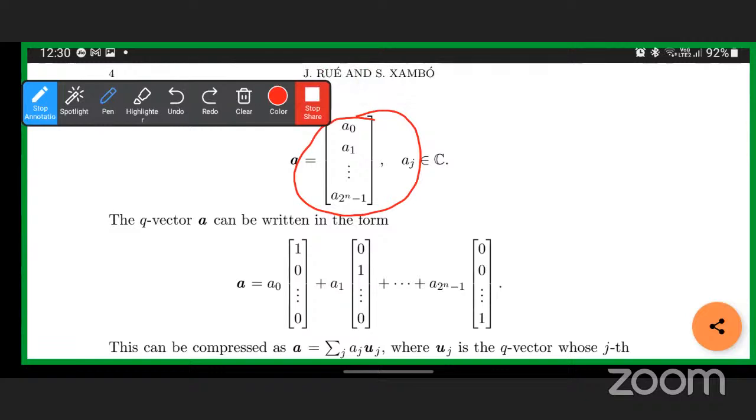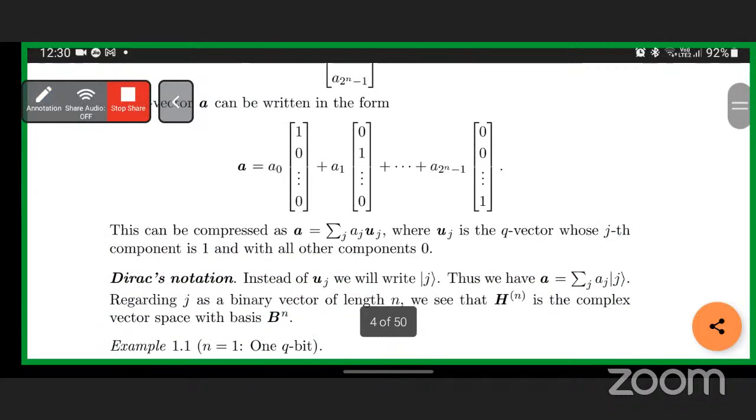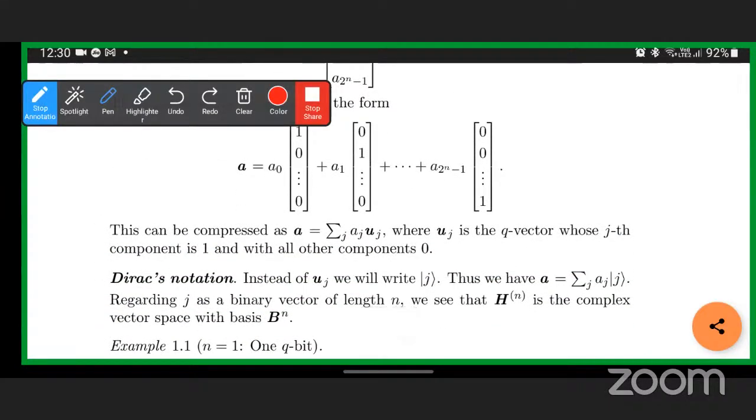Now I want to represent this value using this Q vector A. How do I do that? This is how I do. I write A as A naught times 1 in the first place and 0 elsewhere, then A1 times 1 in the second place and 0 elsewhere, and lastly 1 in this place and 0 elsewhere.